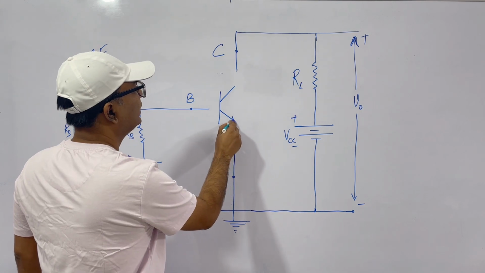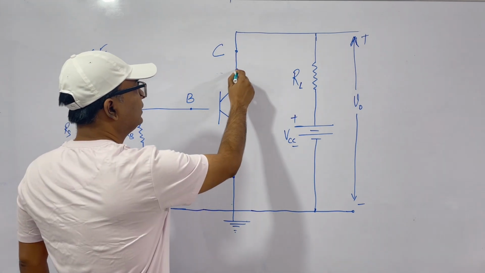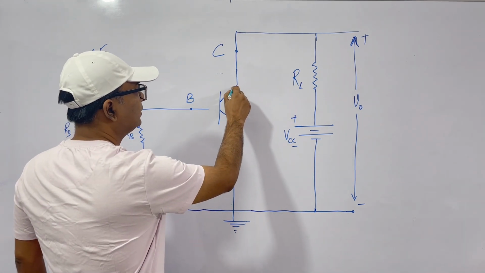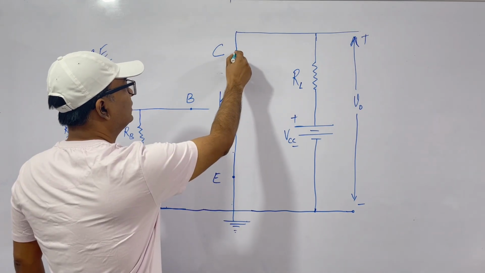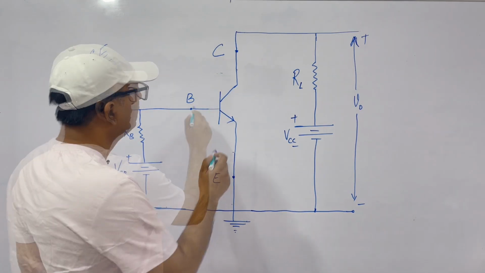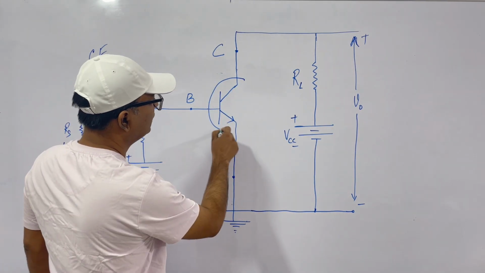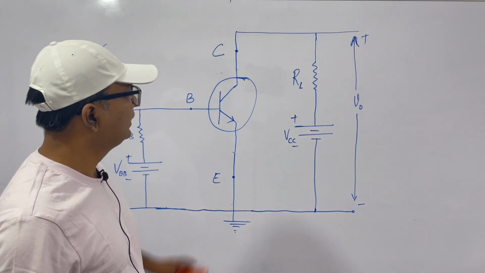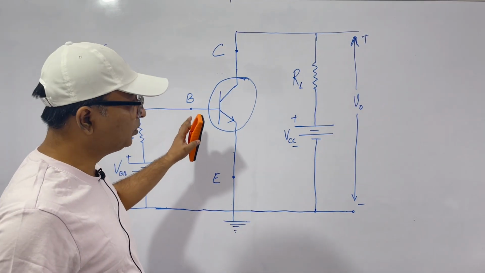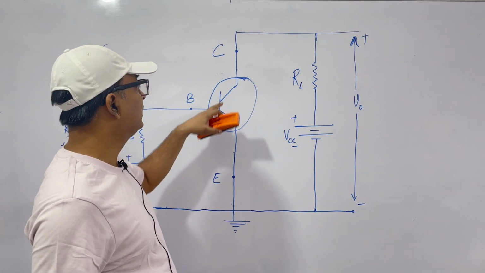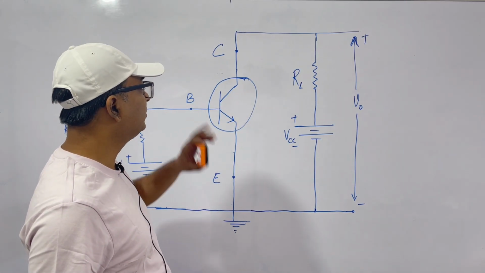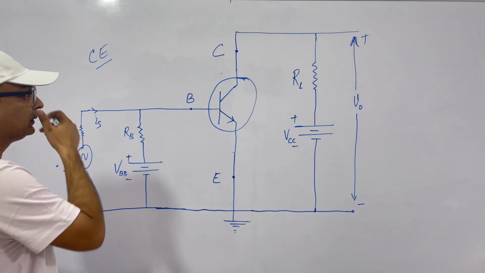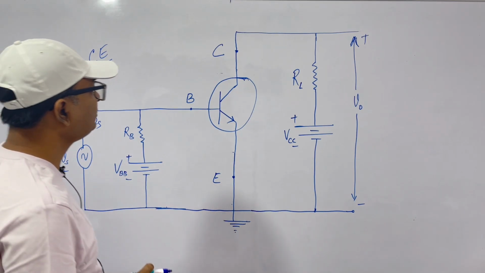This is emitter, so we'll have this sign here. This is collector, this is emitter, and we put a circle across this symbol. So this is the symbol of BJT, that is bipolar junction transistor, NPN transistor. This is emitter.